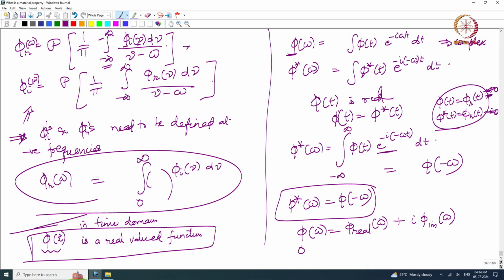So phi star of omega will be phi real of omega minus i phi imaginary of omega, and phi of minus omega is equal to phi real of minus omega plus i phi imaginary of minus omega, and these two should be equal.